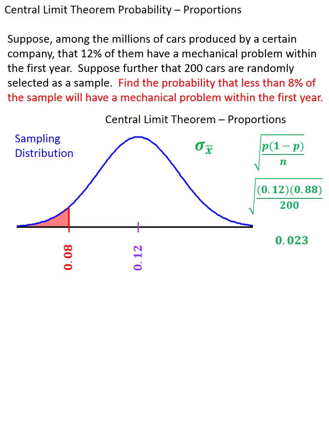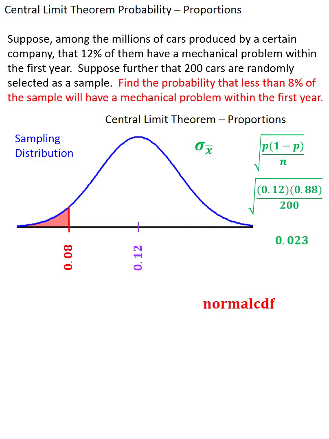In other words, I've converted this probability problem into a shaded area problem. And that's a good thing, because I know how to compute shaded area. To compute shaded area, we use our normal cumulative distribution function, or normal CDF.